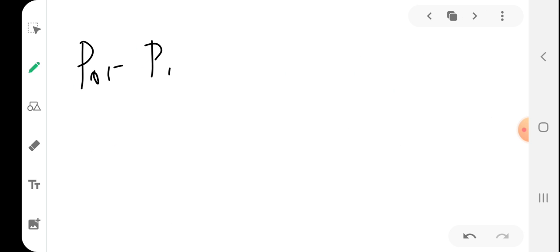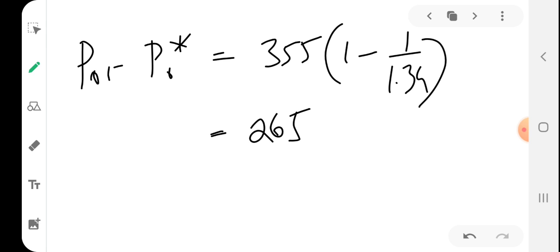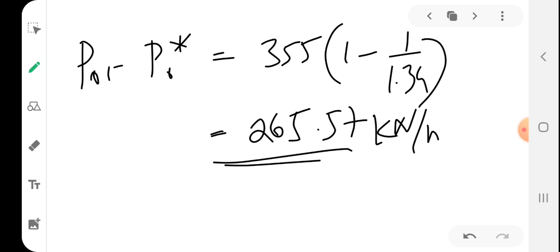P01 minus P0 star will be 355 into 1 minus 1 by 1.34, and that will be around 265.57 kilonewton per meter square. This will be the loss in stagnation pressure.